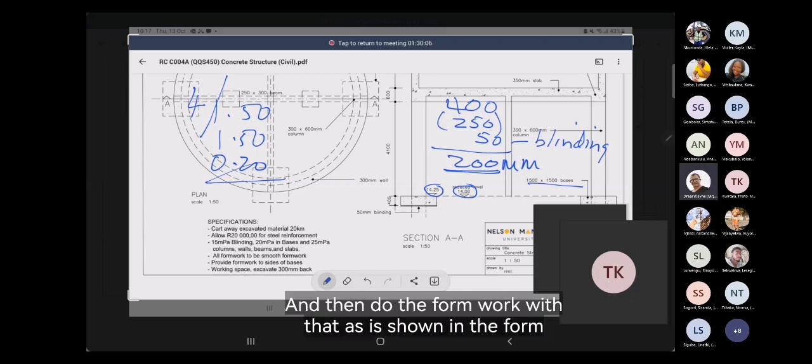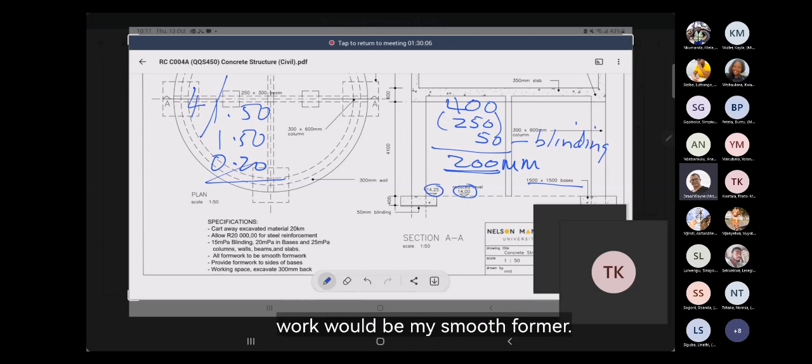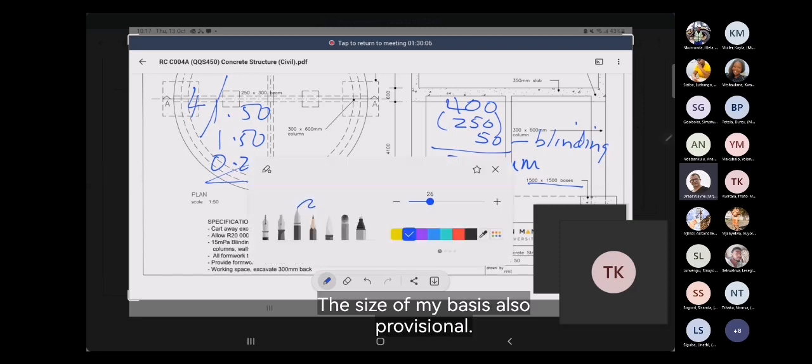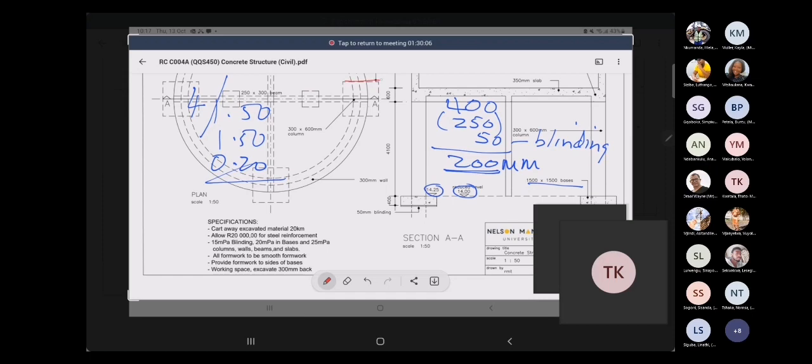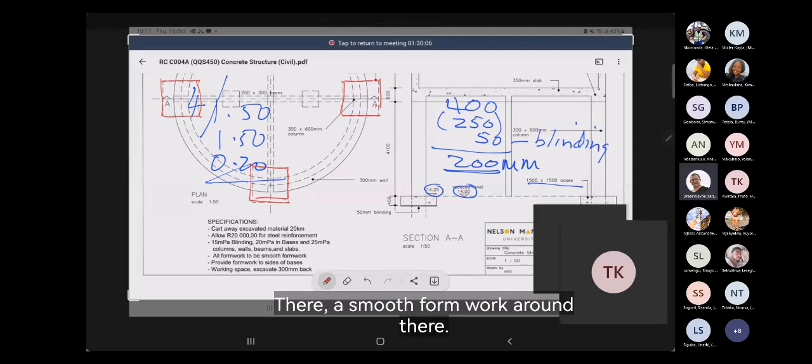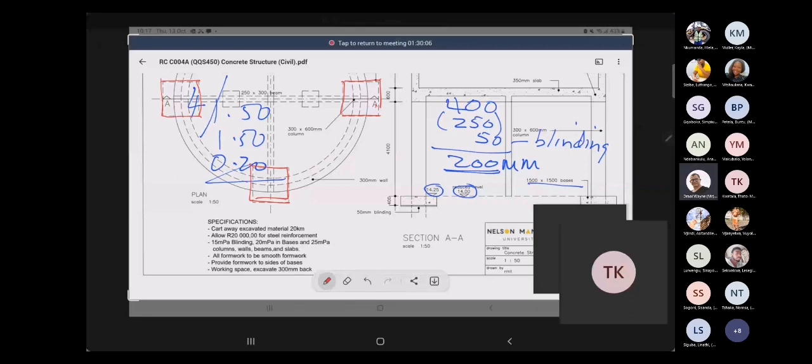We then do the formwork with that as I had shown. And the formwork will be my smooth formwork to the sides of my bases, all still provisional. That is my smooth formwork. There. A smooth formwork around there. And it's 1.5, 5.4.